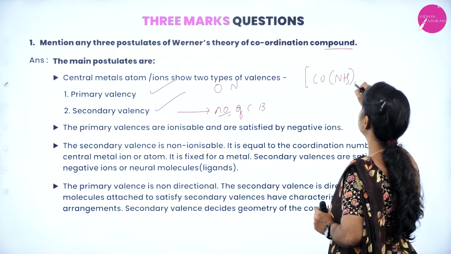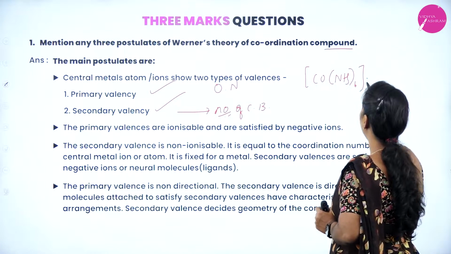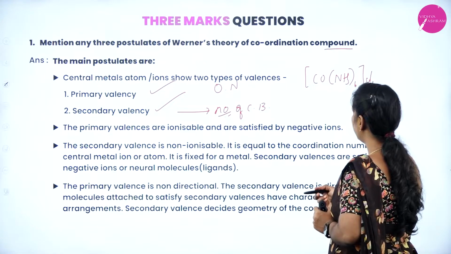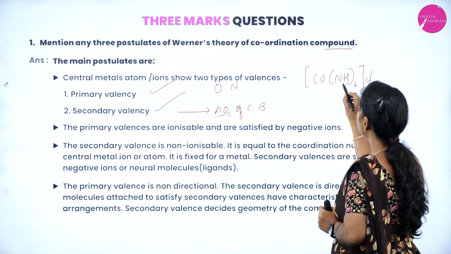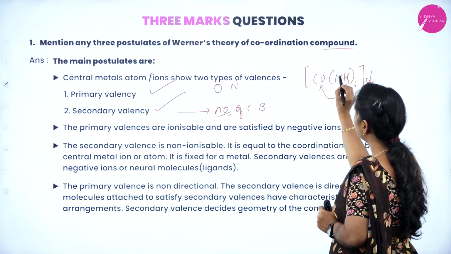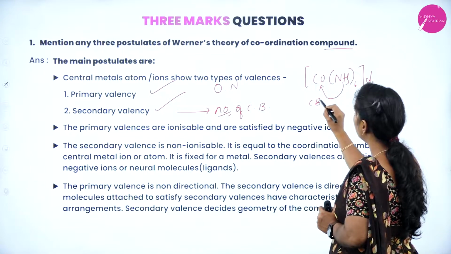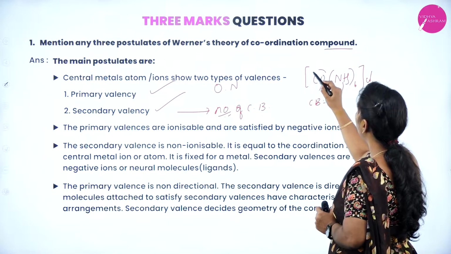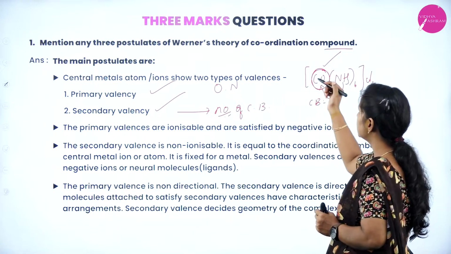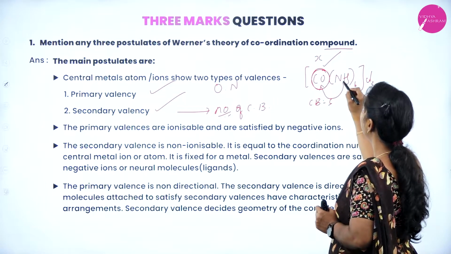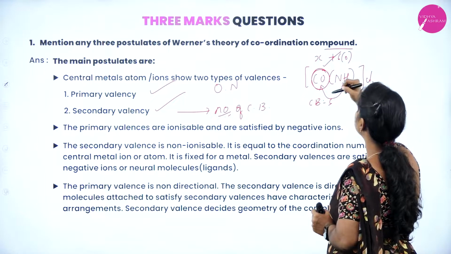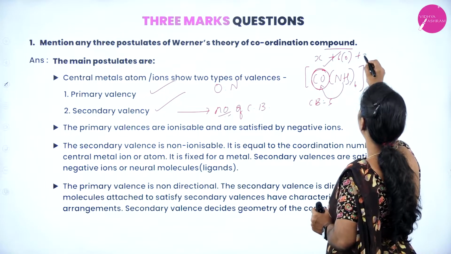I'll go with this example, that is [Co(NH3)6]Cl3. In this example, you can see that there are 6 ligands ligating towards a central metal atom. So their coordination bonds will become how much? 6. But how to calculate the oxidation number for the cobalt? As I said, we will consider this as X, and there are 6 ligands, plus the counter ions, how many? 3.